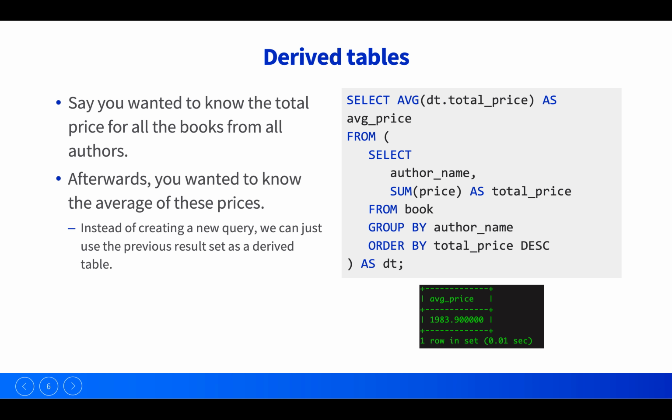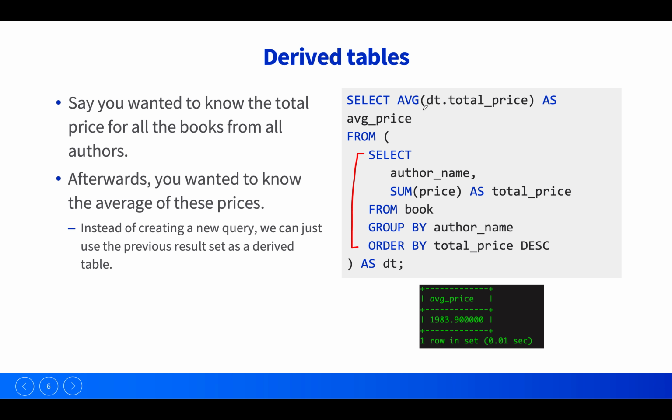So instead of creating a new query from scratch, we can just use the previous result set as a derived table. Here we have our original query from before: select author name, sum price from book, group by author name, order by total price. That query is now used as a derived table in this outer query, the outer query being select the average of dt.total price as average price.